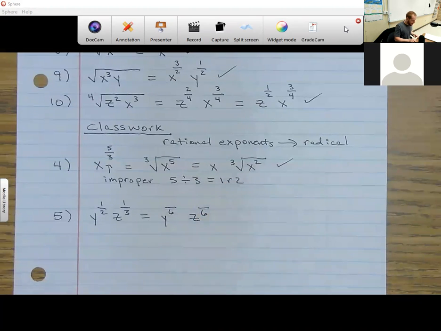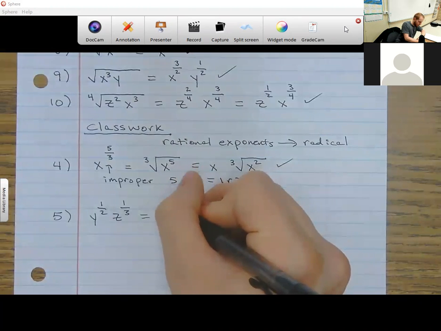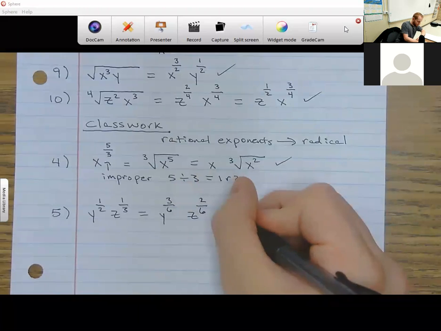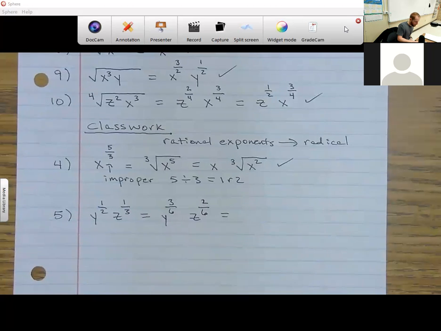I've got a 6 at the bottom. And how do I get from 2 to 6? I multiply by 3. So 1 times 3 is going to give me 3. How do I get from 3 to 6? I multiply by 2. So 1 times 2 is going to give me 2. So those are my new fractions, 3 over 6 and 2 over 6.